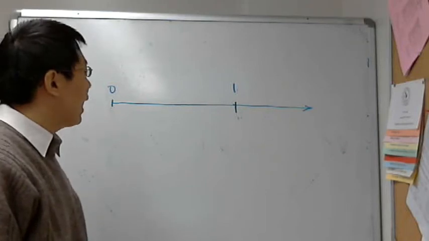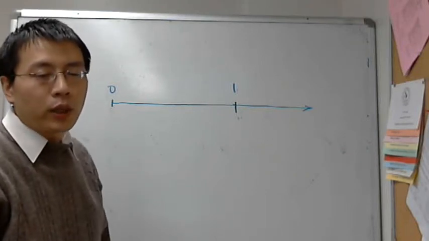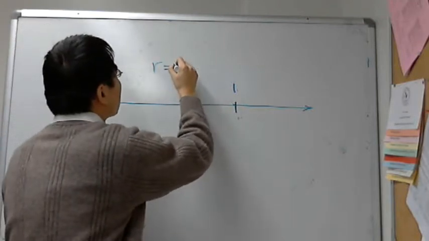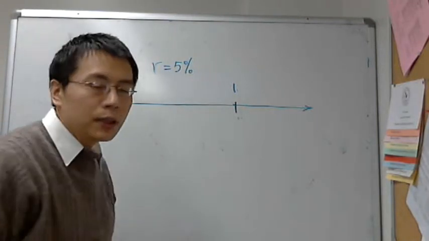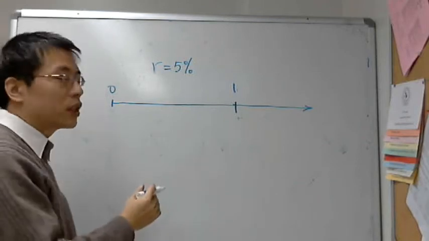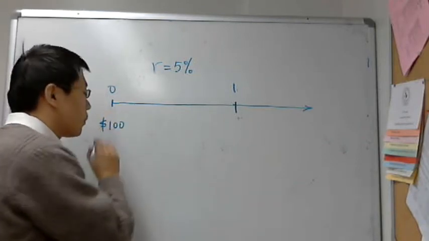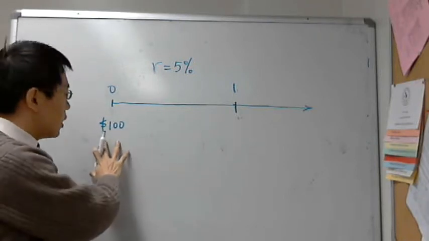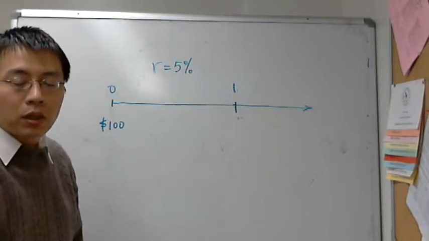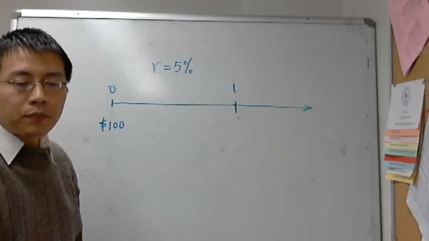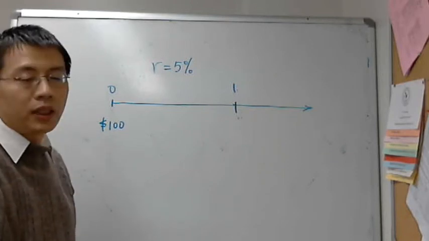The annual interest rate is 5%. So the period interest rate is 5%. This investor is going to save $100. So we have a $100 saved. This $100 is a cash outflow because it will leave the investor's pocket and will go into the investment.